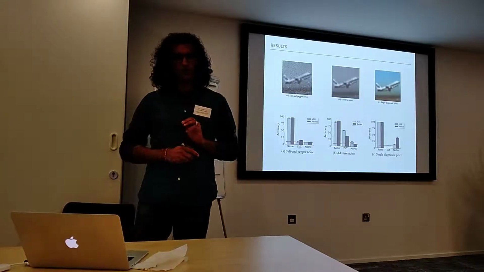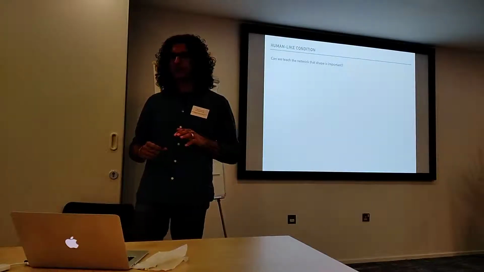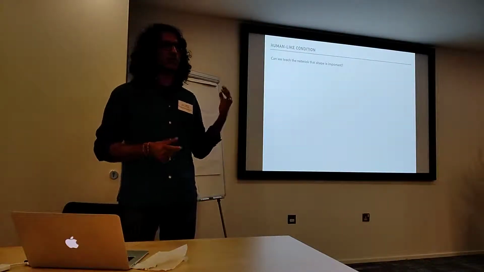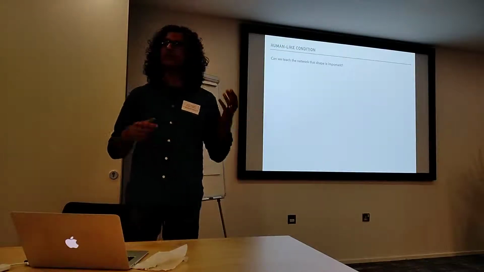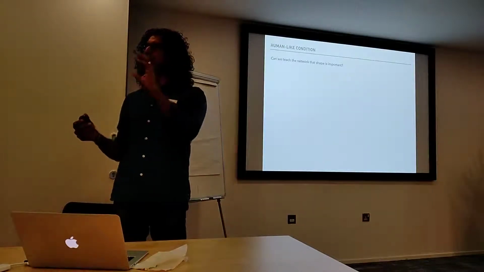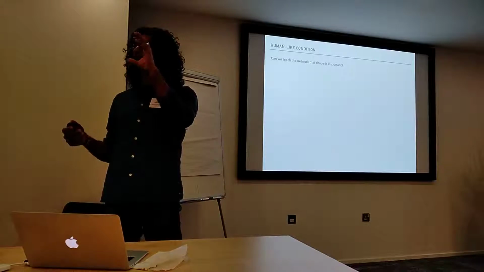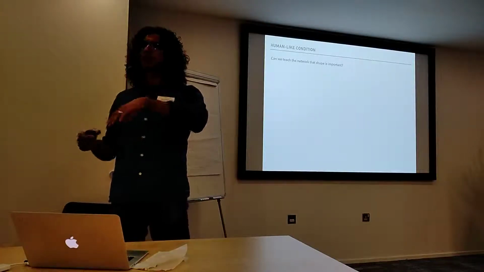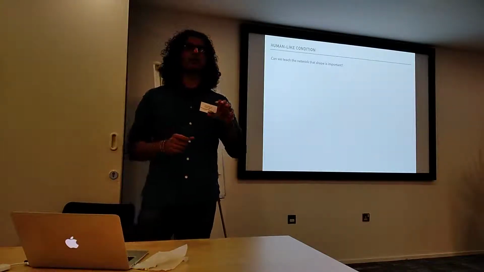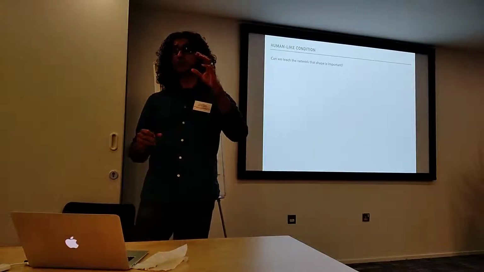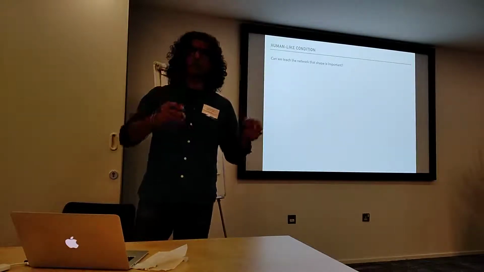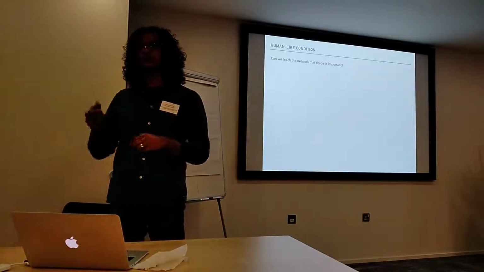So one could argue that this is somehow a little bit unfair for the convolutional neural network, because all it has seen is these images with a noise-like mask in them all its life, while human beings see images without noise, and then they see images with noise, and so on.